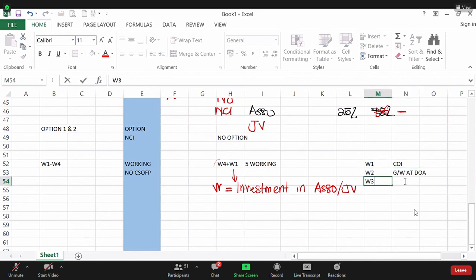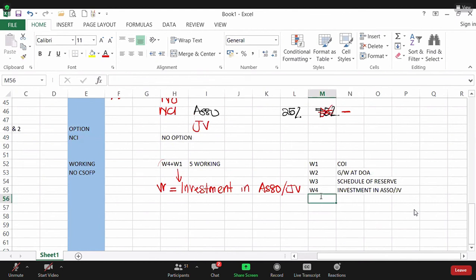schedule of reserves. Yes, schedule of reserves. This one is the technical side; you cannot find it in the textbook. The working for investment in associate or JV. So working 5 is the last, the statement, consolidated SOFP. So the total is 5, what I said, 4 plus 1.